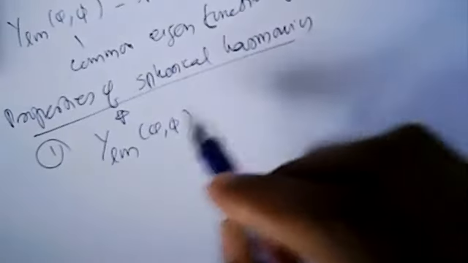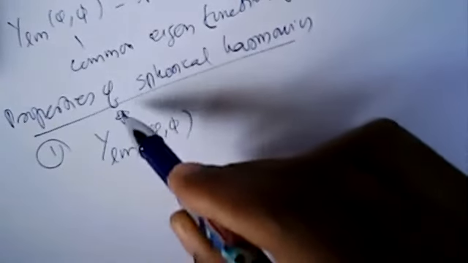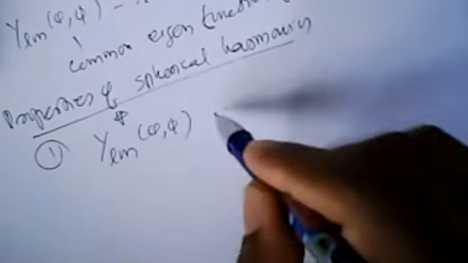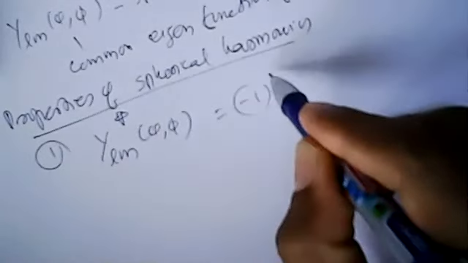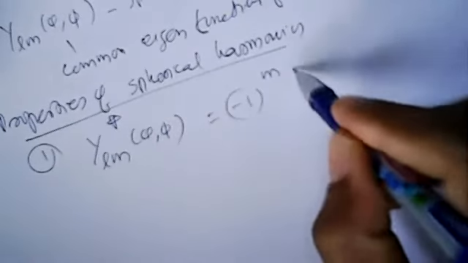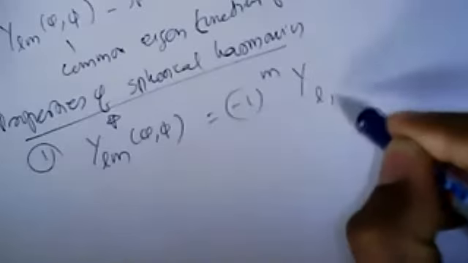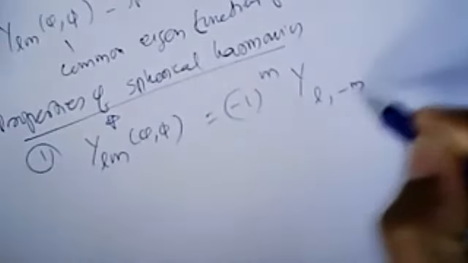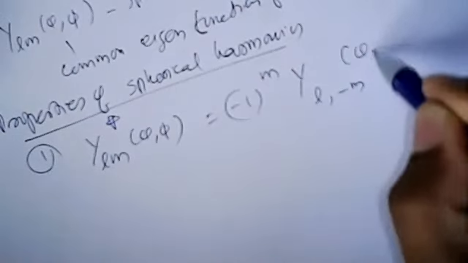You take the complex conjugate of YLM theta phi. Okay, YLM theta phi star, YLM star theta phi. This is nothing but minus 1 to the power of M YL minus M theta phi.